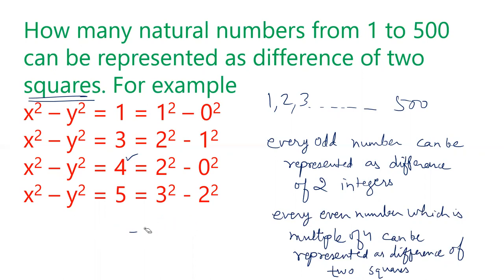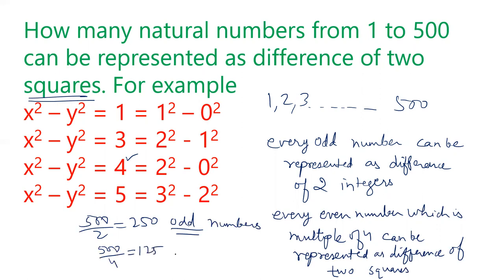Now let us count how many odd numbers are there from 1 to 500. So there are 500 by 2, that is 250 odd numbers. All these can be represented as the difference of two squares of integers. And every multiple of 4, so 500 by 4 will be 125.